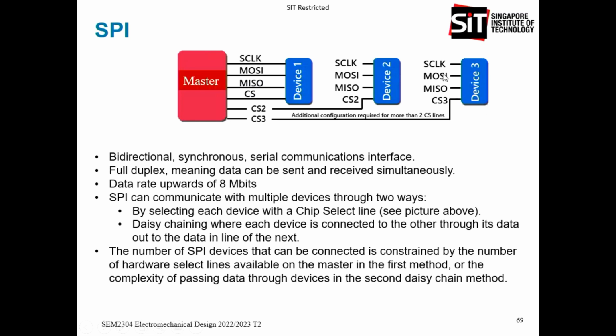Whereas the clock and these 2 input and output signals can be shared for all the devices. For this one, the master will decide who should be the one talking. So if the device is not selected, then it cannot put any information onto the input and output buses.